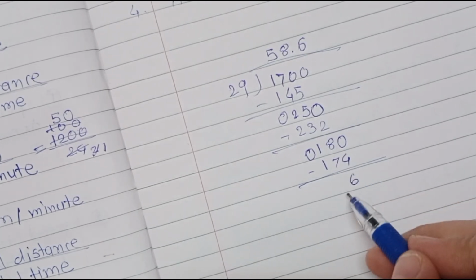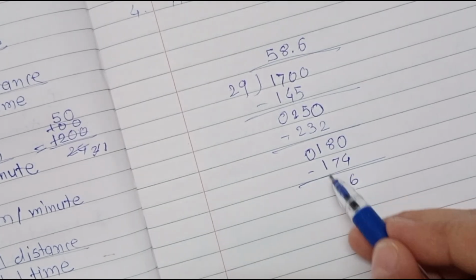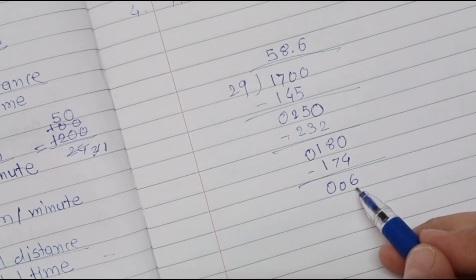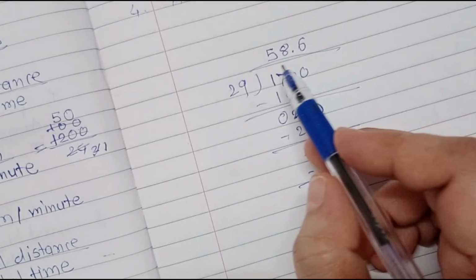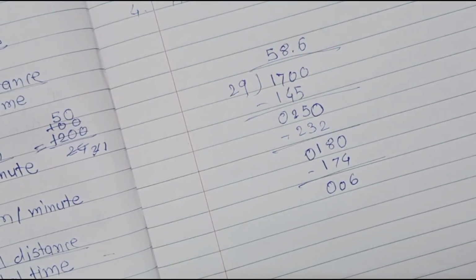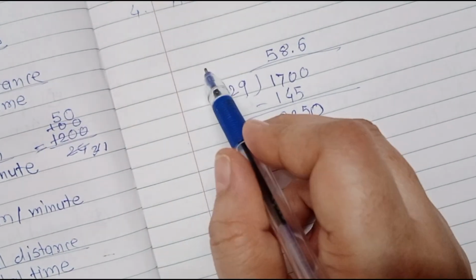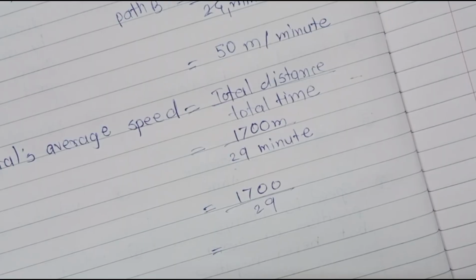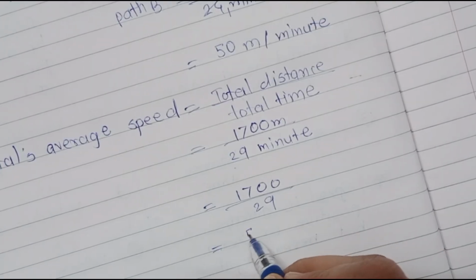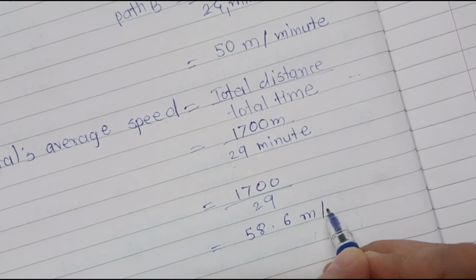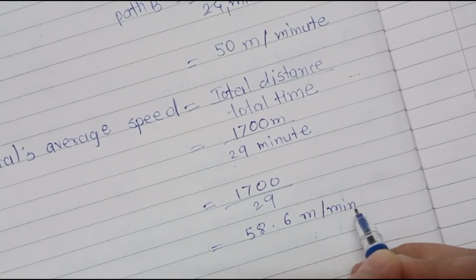Then 7 minus 7 will be 0. 1 minus 1 is 0. So our answer is 58.6. Do you understand this division? So we write this answer. Our answer is 58.6 meter per minute.